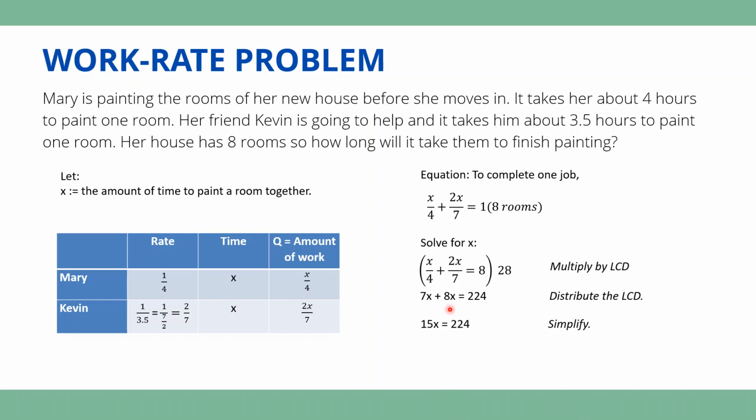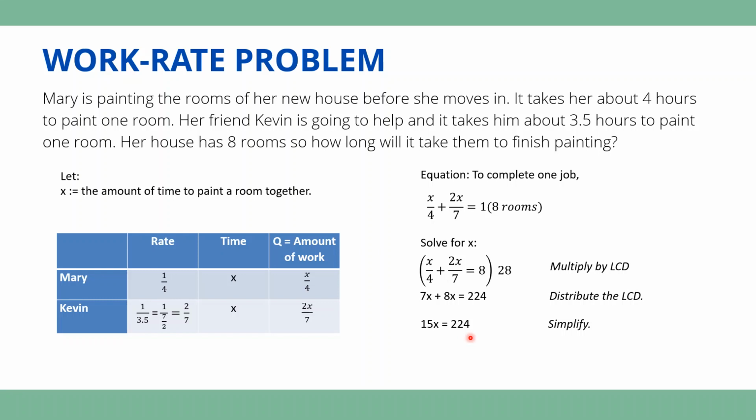Next, simplify our x terms. Combine them. We have no problem, since they are on one side only. So, 7x plus 8x is equal to 15x, equal to 224.